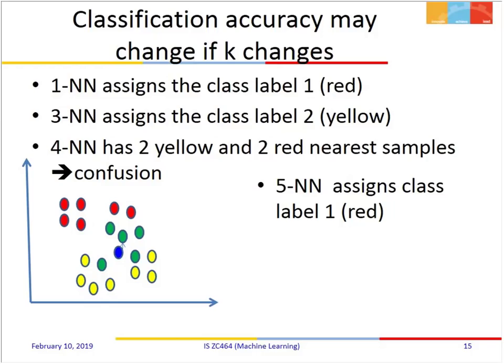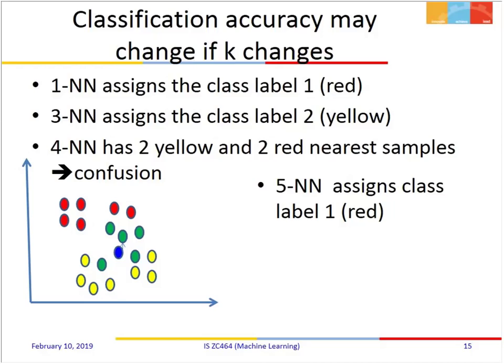So should the properties of the test data be so unstable that we are sometimes assigning it to class 1 and sometimes to class 2, just depending upon our choice of k? That may not be fair.